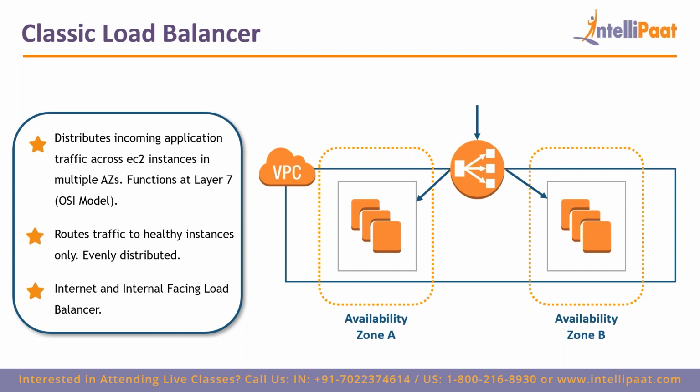A VPC is a private cloud, a particular part inside of AWS, that only that AWS account holder or people under that AWS account can access. The public will not be able to access that load balancer, because you can only access it from within the VPC itself. We'll not be going into the concepts of VPC. In this session, we'll be looking into load balancers and load balancers only.